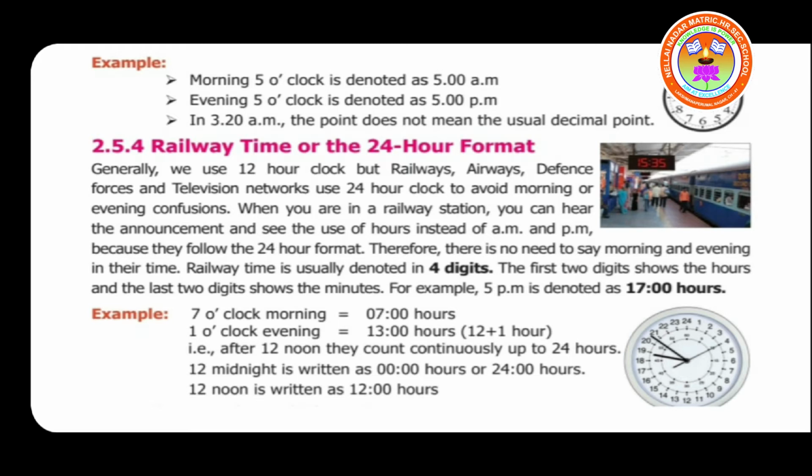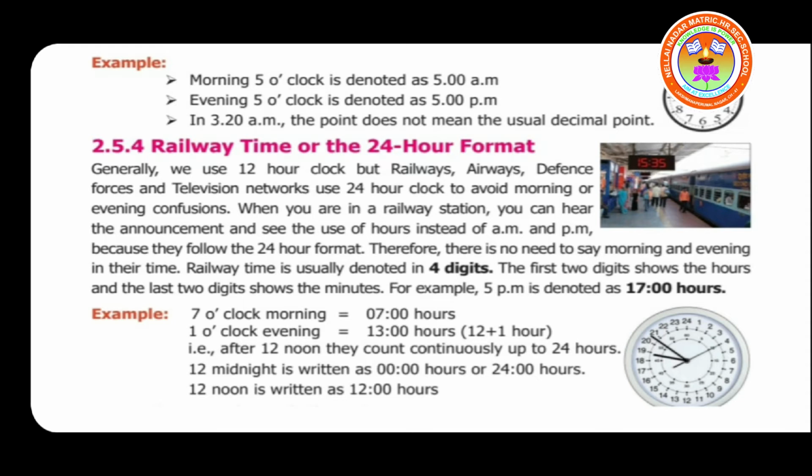So 5 PM is denoted as 17 hours in the railway format. Okay. So for example, 7 o'clock morning means 7 hours, that is 0700. Always you have to mention the 24-hour format in 4 digits. The first 2 digits denote the hours and the last 2 digits denote the minutes. Be careful in this, children. It is compulsory. You have to write it in 4 digits.